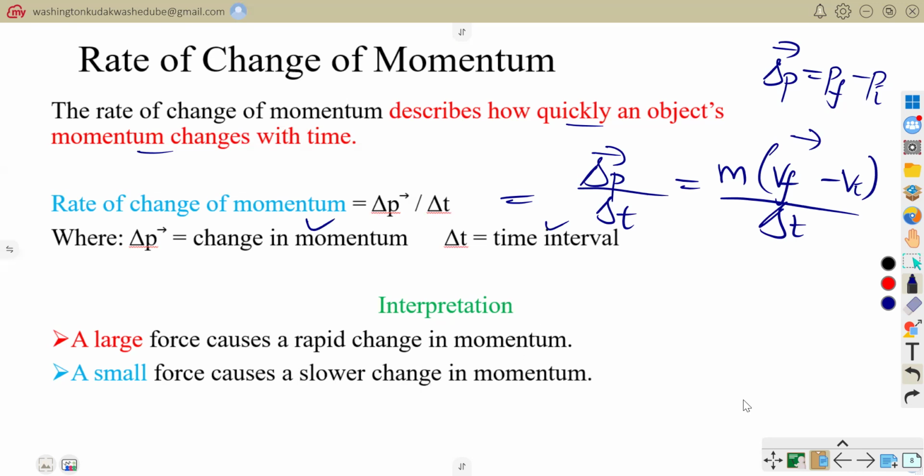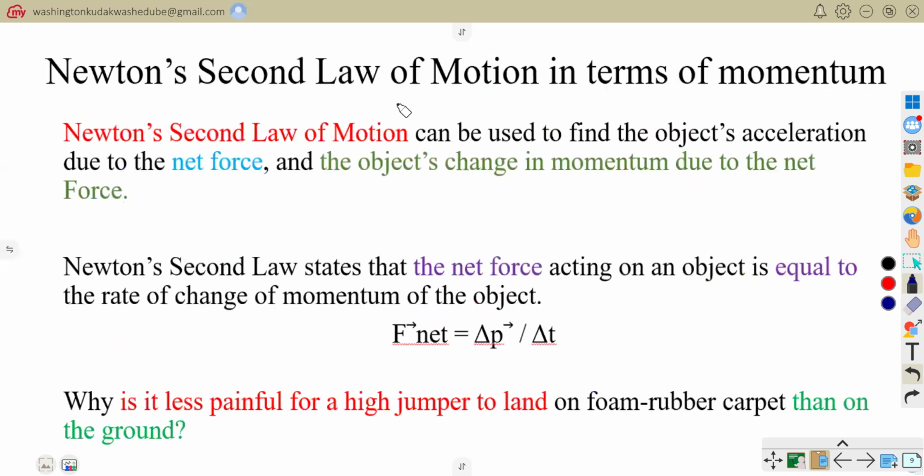Let's go to Newton's second law of motion in terms of momentum, then we can go back to what we have said there. Newton's second law can be used to find the object's acceleration due to the net force, as well as the object's change in momentum due to the net force.